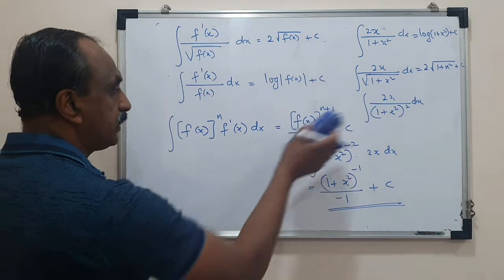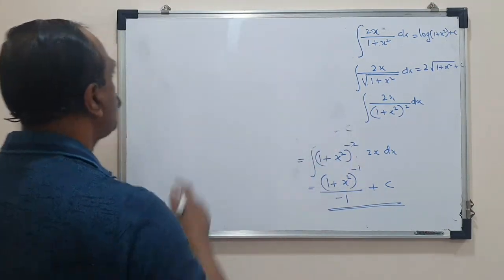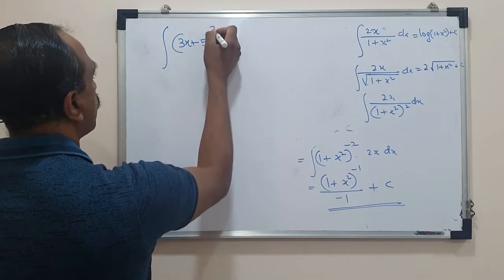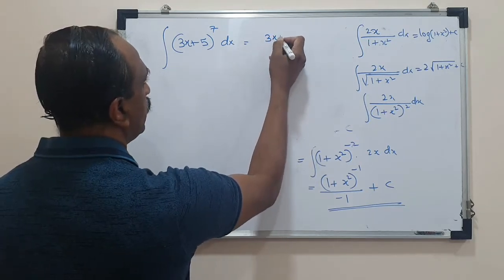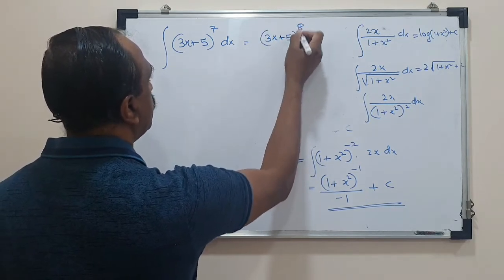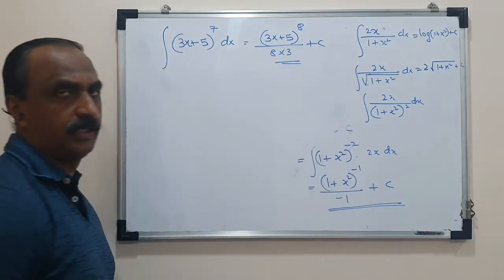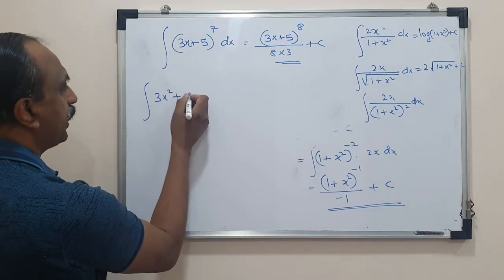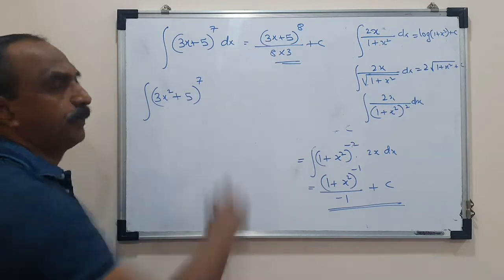Now let's compare. There is some doubt you will be asking all the time. Initially I told you if it is 3x plus 5 raised to 7, you can directly write the answer (3x plus 5) raised to 8 upon 8 into 3 plus c. Now the question arises, if it is 3x square plus 5 raised to 7, in that case, can you apply this formula?